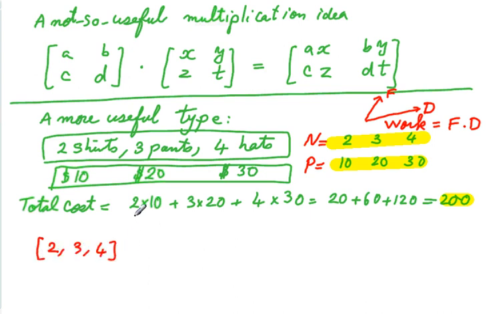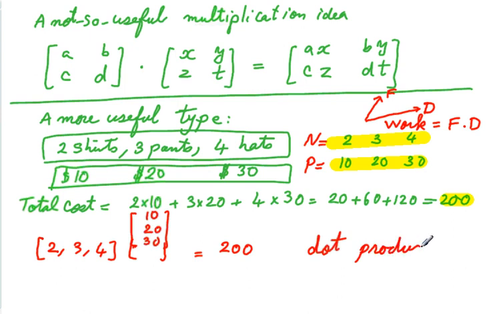I insist the second one, 10, 20, 30. And the product of these 2 I consider to be 200. So this is an example that in physics is called dot product.